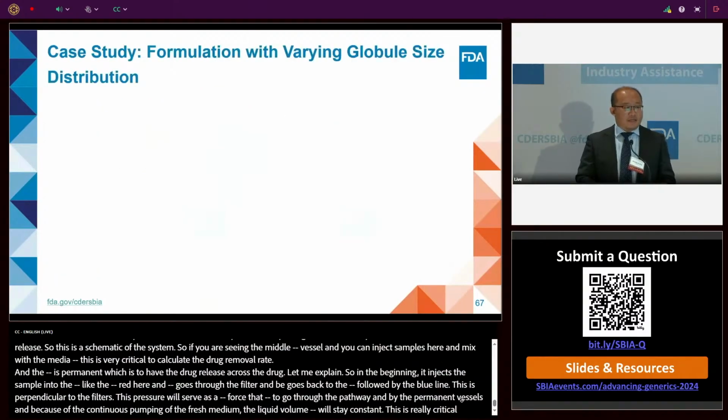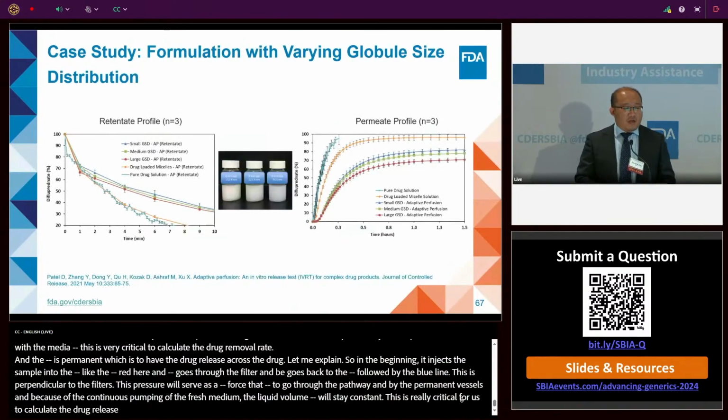And here is a case study. We used the adapter perfusion system as an IVRT method to study difluprednate ophthalmic emulsions, and we intentionally created three formulations with different globule size distributions. In this study, we also included the pure drug solution and drug-loaded micelle solutions.